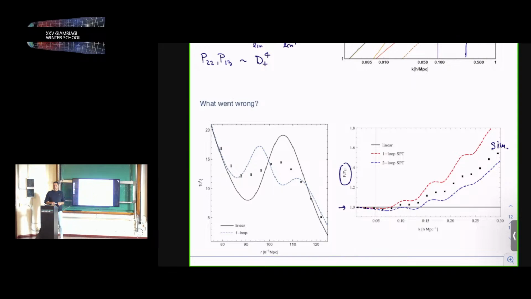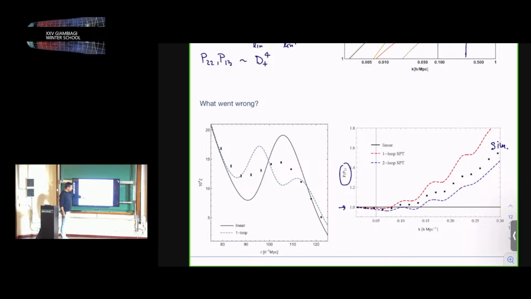Another mode of failure is this. If you take the linear theory plus this P1-loop that we computed, take the total nonlinear power spectrum, and do the Fourier transform to compute the two-point correlation function, what you're going to find is this plot on the left, where in the two-point correlation function you have some data points.